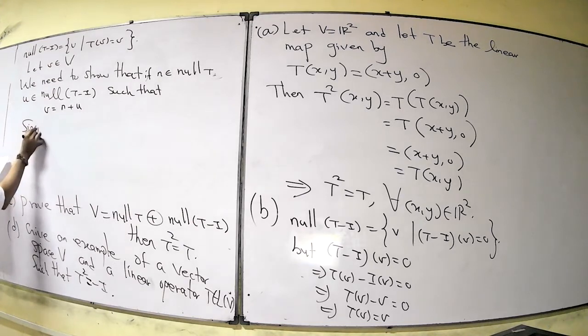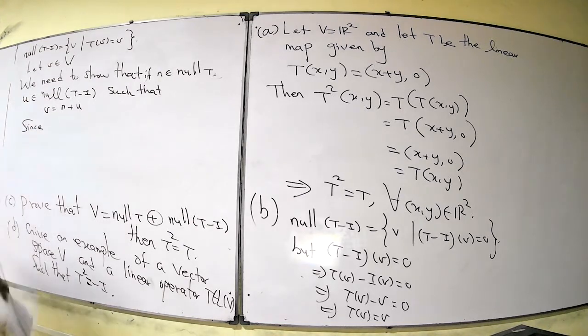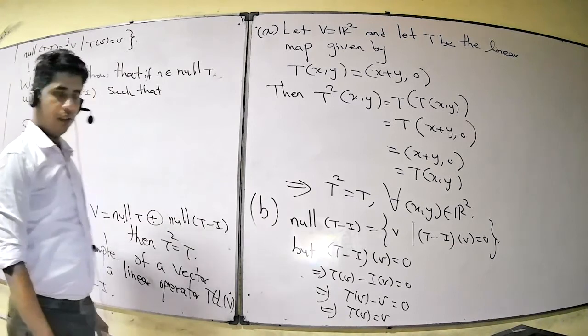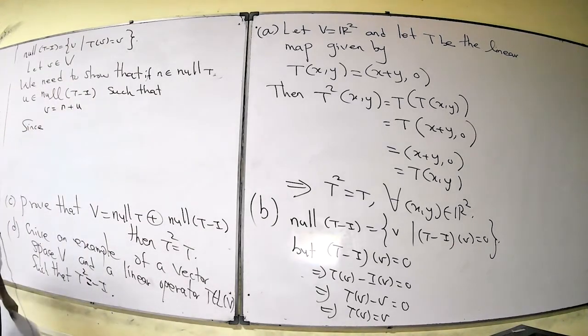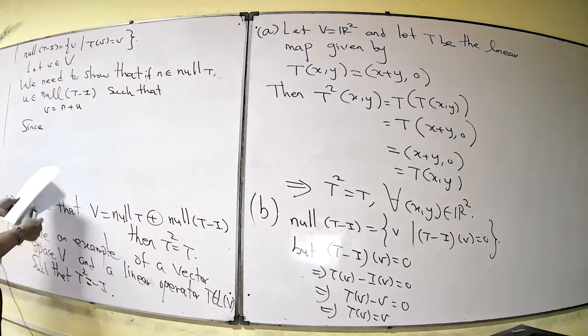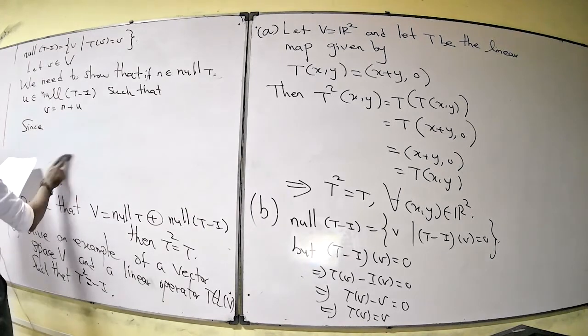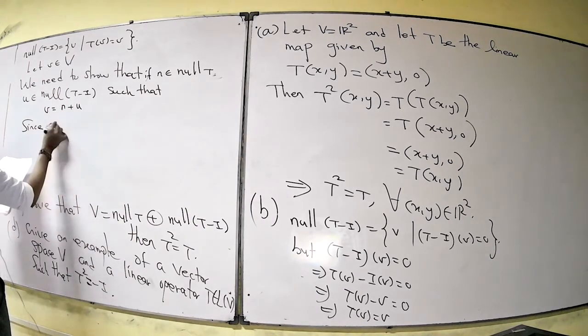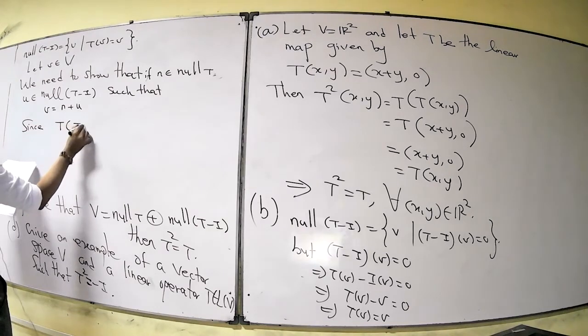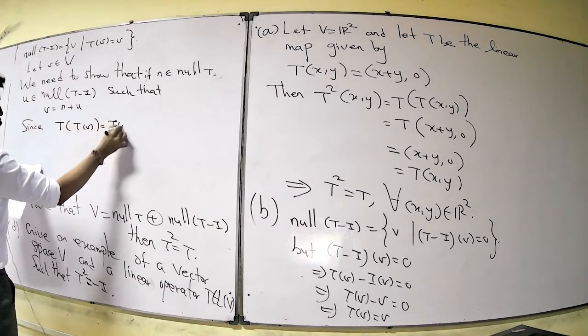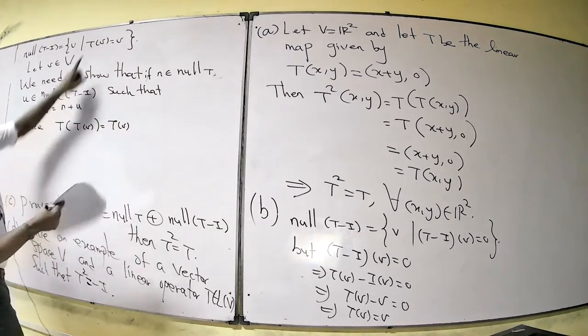Suppose T of b equals T of b, because here T of b equals b.